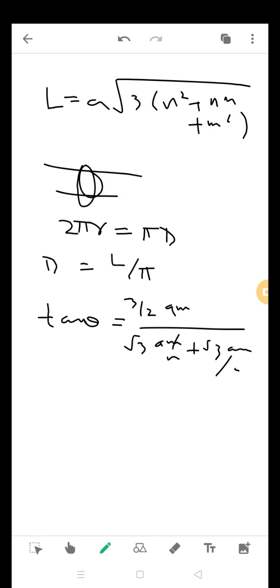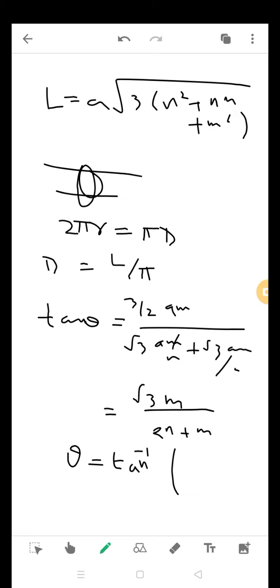This is the angle. So simplification becomes root 3 m divided by 2n plus m. Now this quantity 2n plus m is very important. I will tell you how. So the angle theta is equal to tan inverse of root 3 m divided by 2n plus m. This becomes the angle.